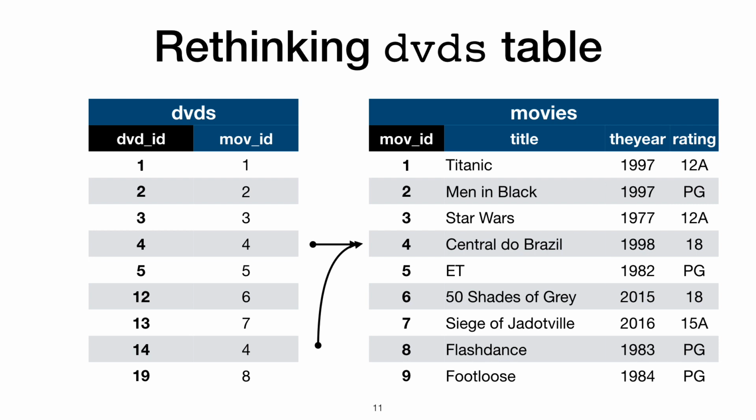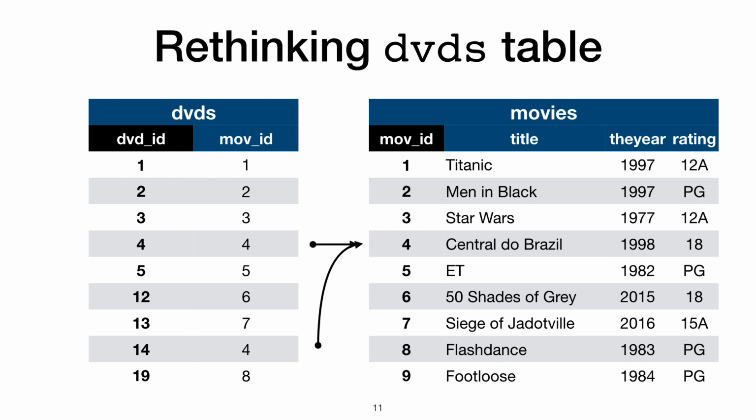And so if we look here, we have two tables. We have a table for the DVDs, and we have a table for the movies. And the DVD table, that has a list of all of the discs.